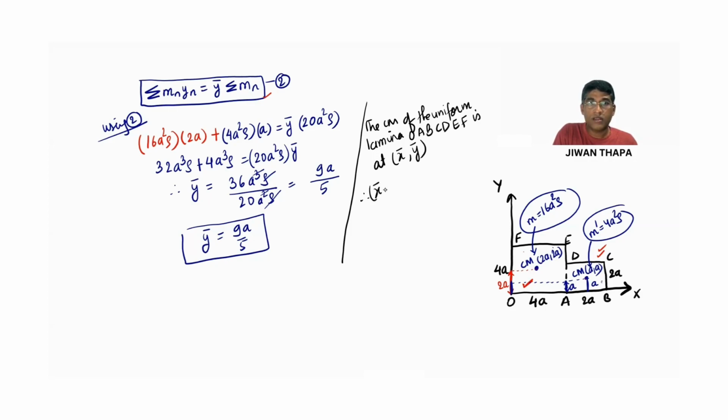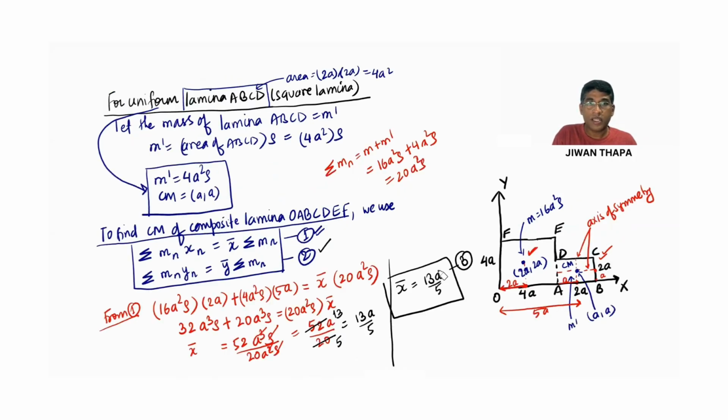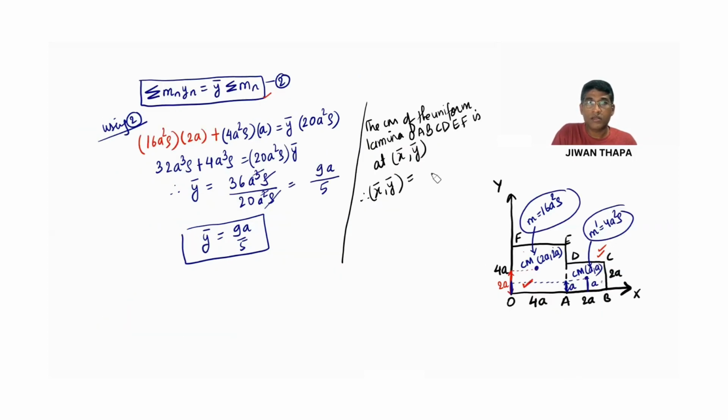Therefore, we can write in this way, okay? We know x bar is 13a by 5, comma 9a by 5. So this is the final result, okay?